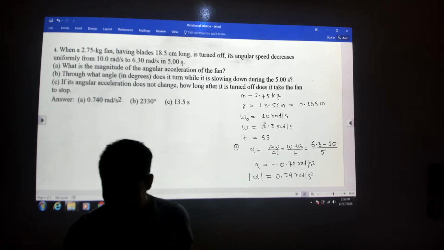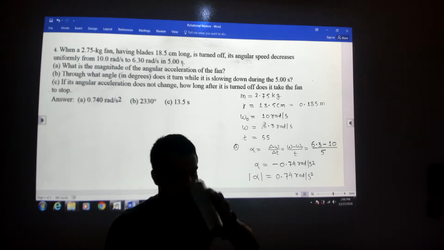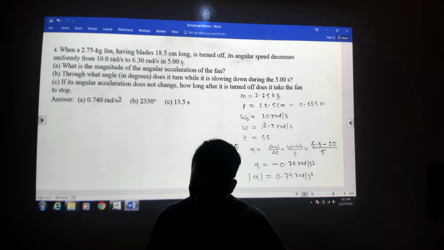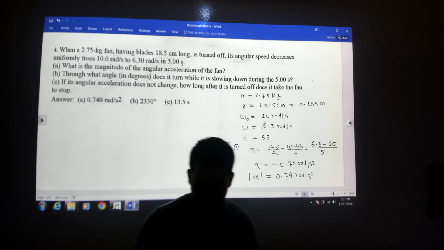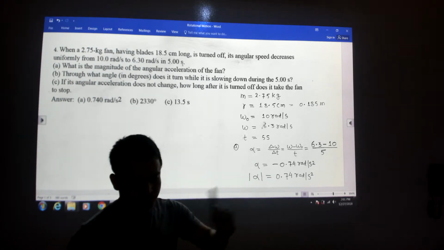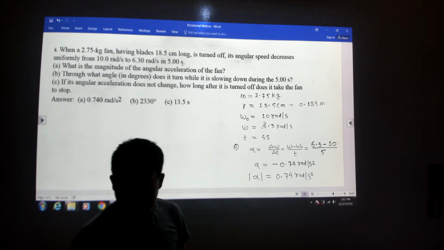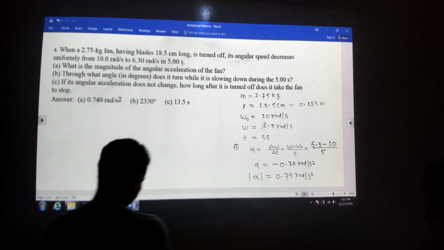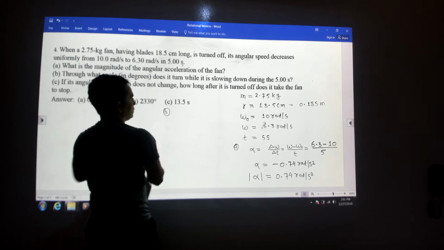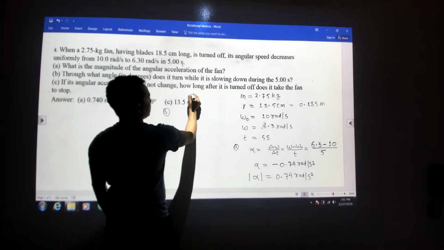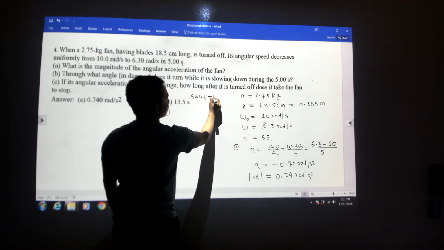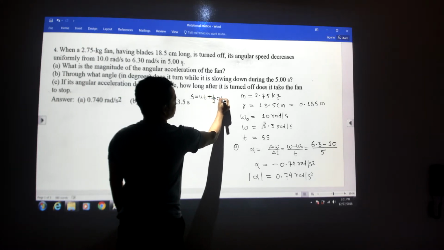And now what is it asking? What is the angle? You need to find out the angle. In 5 seconds, how many angles has it moved? So in column B, you remember s equals ut plus half at squared.